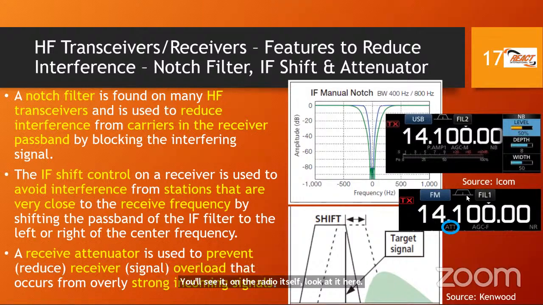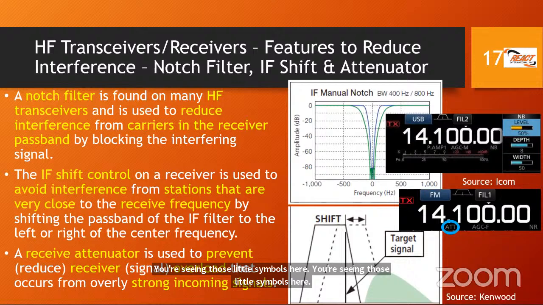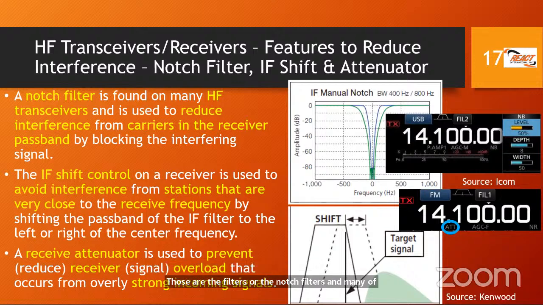Those are the filters or the notch filters. And many of them, of course, use digital signal processing. Some may actually still use physical devices. But the point is you have something called notch filters. And what it does, it actually helps reduce interference that may be present close by to the frequency you're looking to listen to. And you're getting all this static and noise.